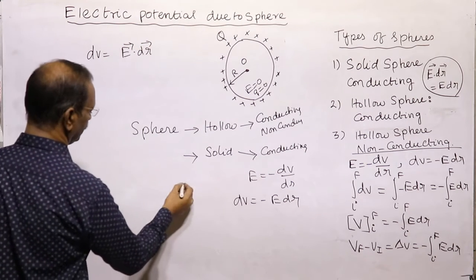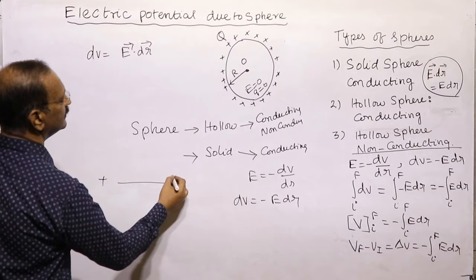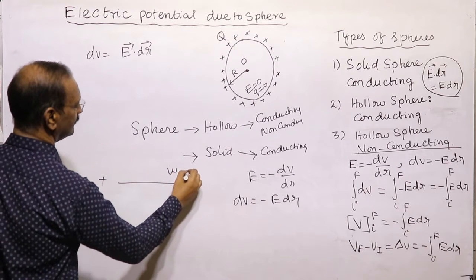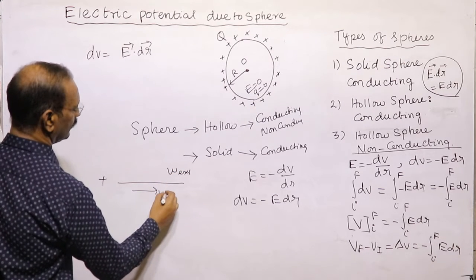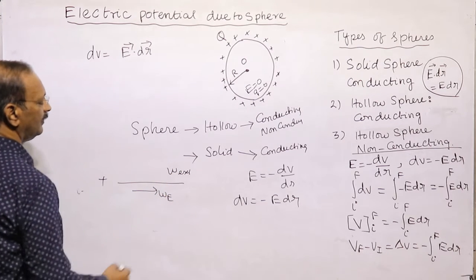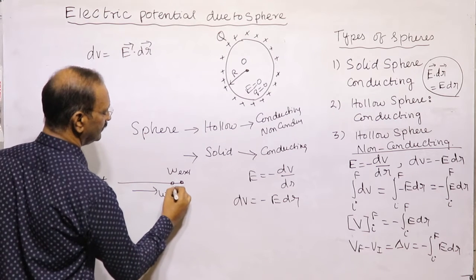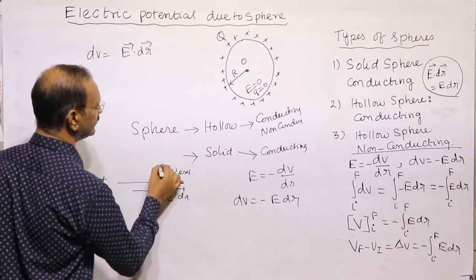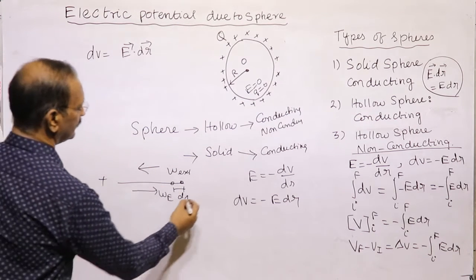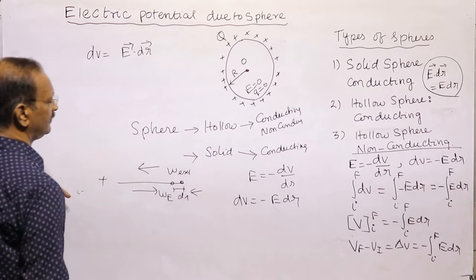Because if you are bringing a charge towards the charge, this is the work done by the external agent, and this is the work done by the electric field. We are bringing from this point to this point a small distance in this direction, so the dr movement is also in this direction.